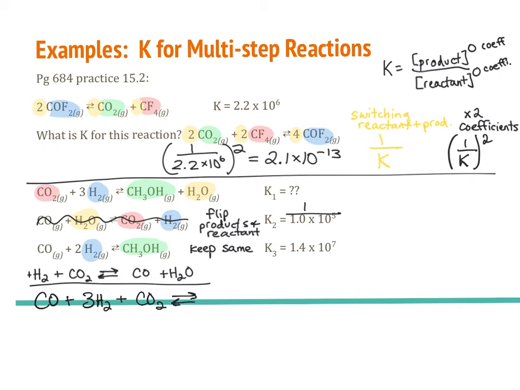And my products, I have CH3OH, I've got CO, and I've got H2O. And I notice there's a CO on both the reactant and product side of my added together reaction, so I can cancel that out. And then it looks like I have successfully matched this to my target reaction. So I've made one change, I've flipped over the K2 and I've kept the K3 the same.